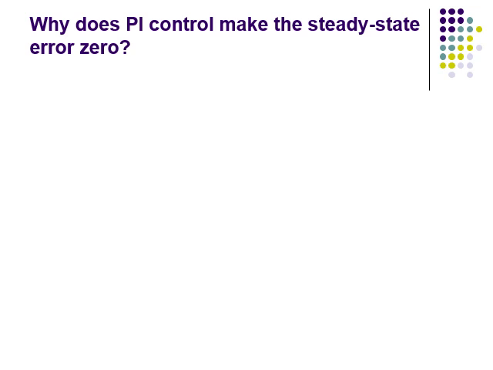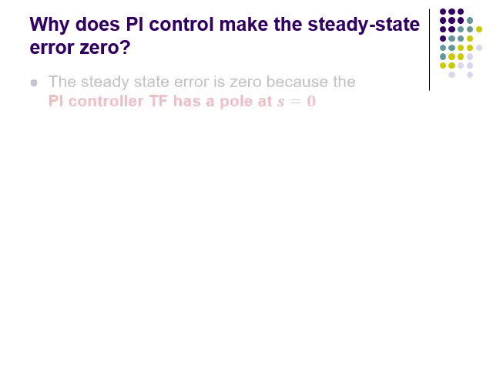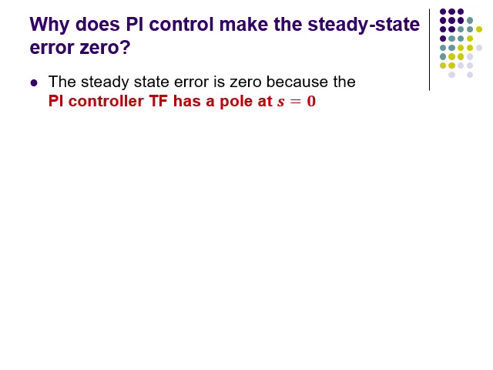Okay, so why is the PI controller able to make the steady state error go to 0? Well, if we look at the mathematics, so if we look at the transfer function, we find that the steady state error is 0 because the PI controller transfer function has a pole at s equals 0.